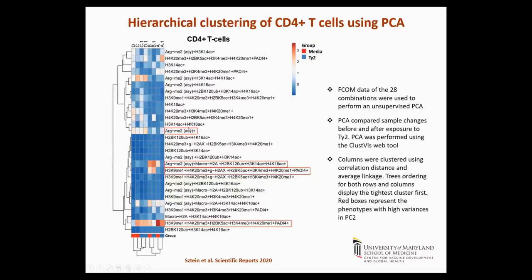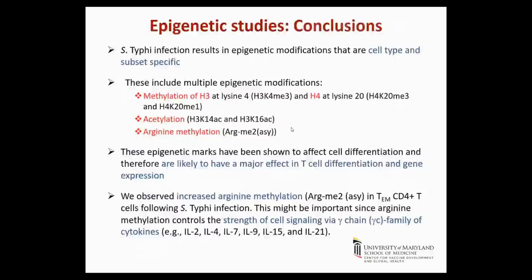Arginine methylation is a major driver, as we discussed before, but it is sometimes combined in certain subsets with other epigenetic marks that are overexpressed or underexpressed simultaneously. This is a story that is just starting, but it's a lead into further in-depth study of the epigenetic landscape.